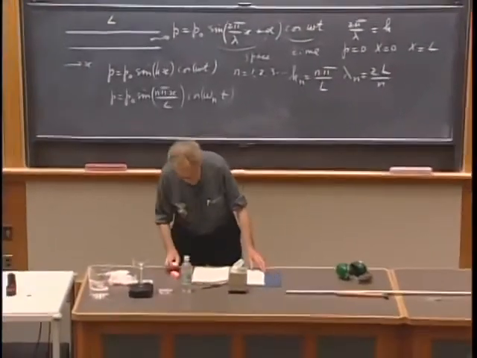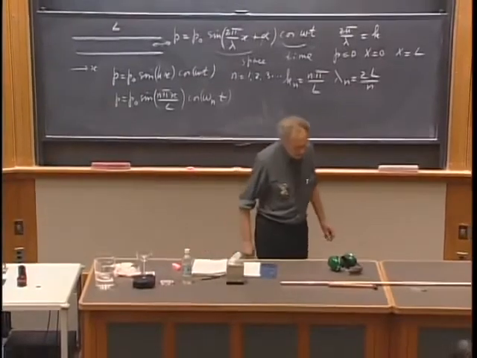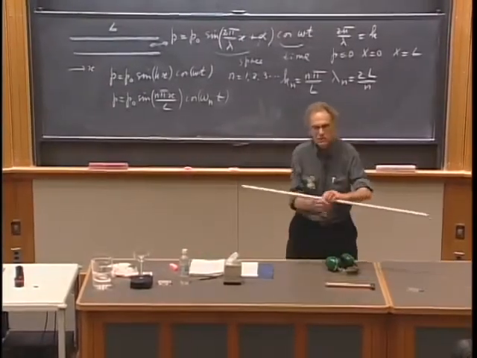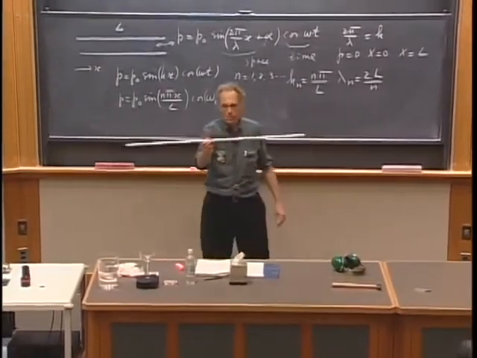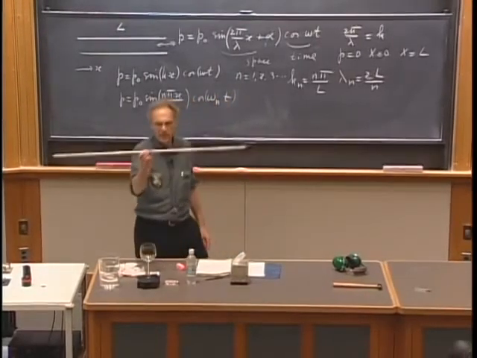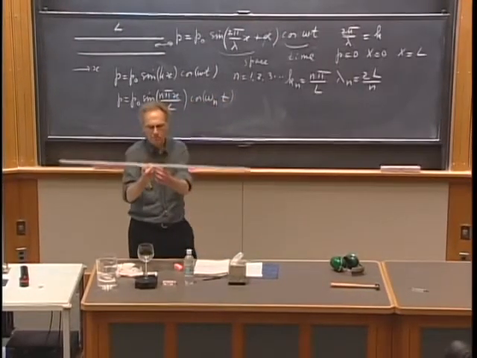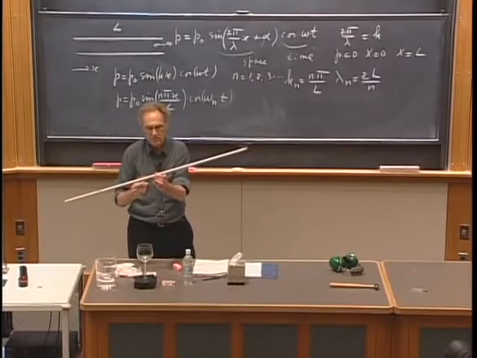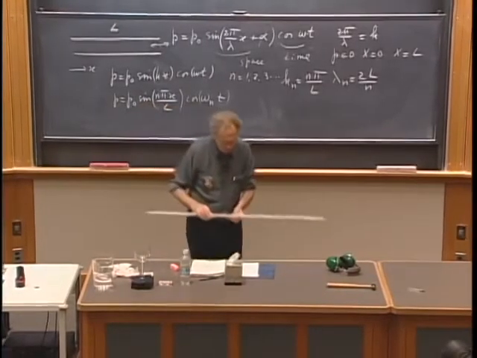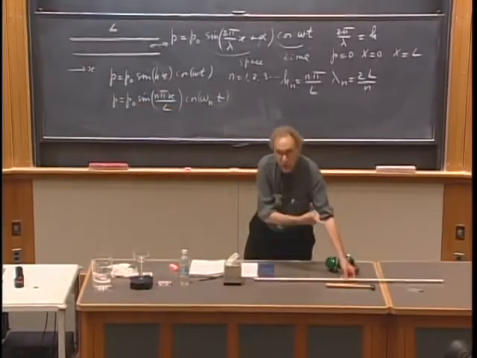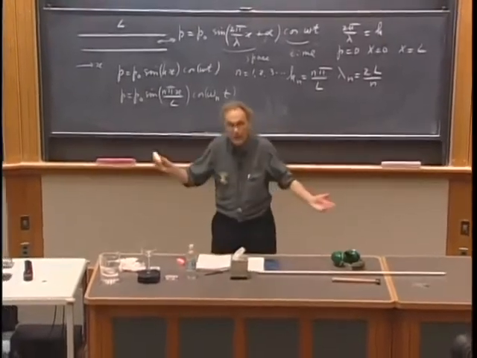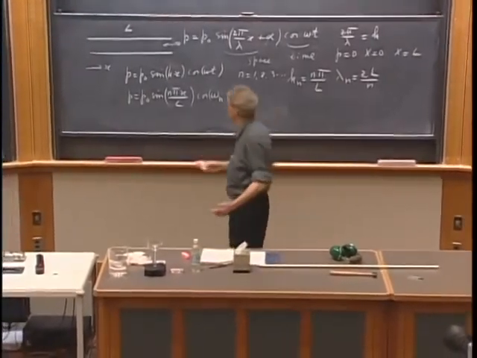I have here a linear system, which is a sound cavity. It's made of magnesium. It is not air, but it is magnesium. And it is open on both sides. You can't have it any better.